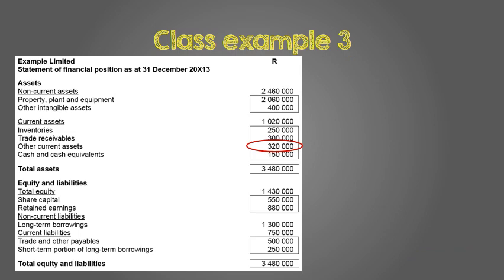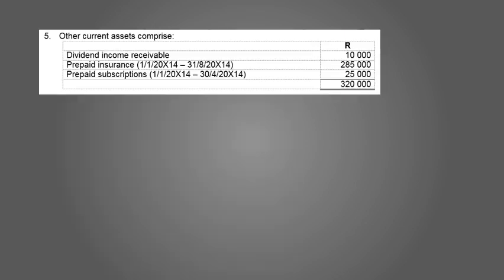To calculate the tax base for other current assets, we have to look at the additional information in Note 5. In additional information Note 5, we see that current assets comprise of dividend income receivable, prepaid insurance, and prepaid subscriptions. We will look at each item separately to determine their tax base.